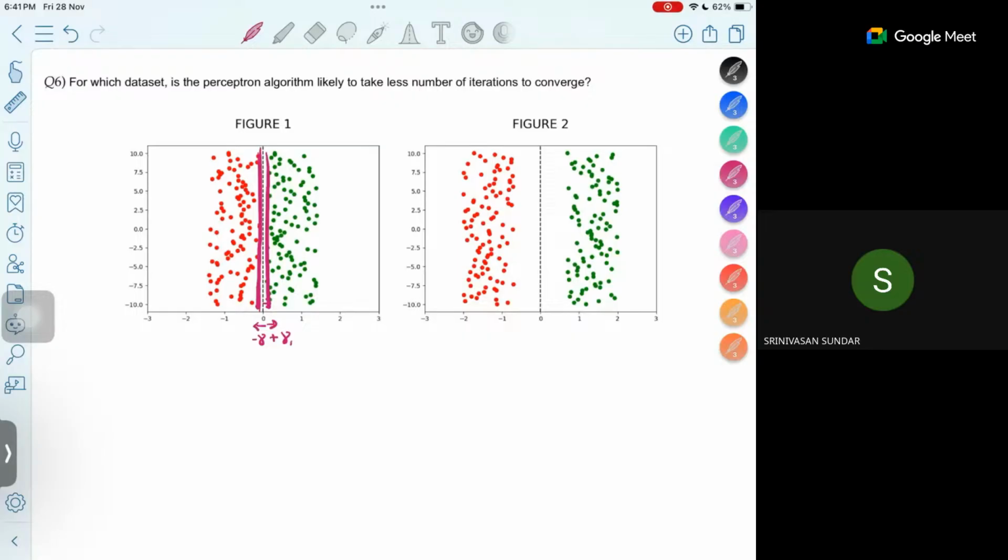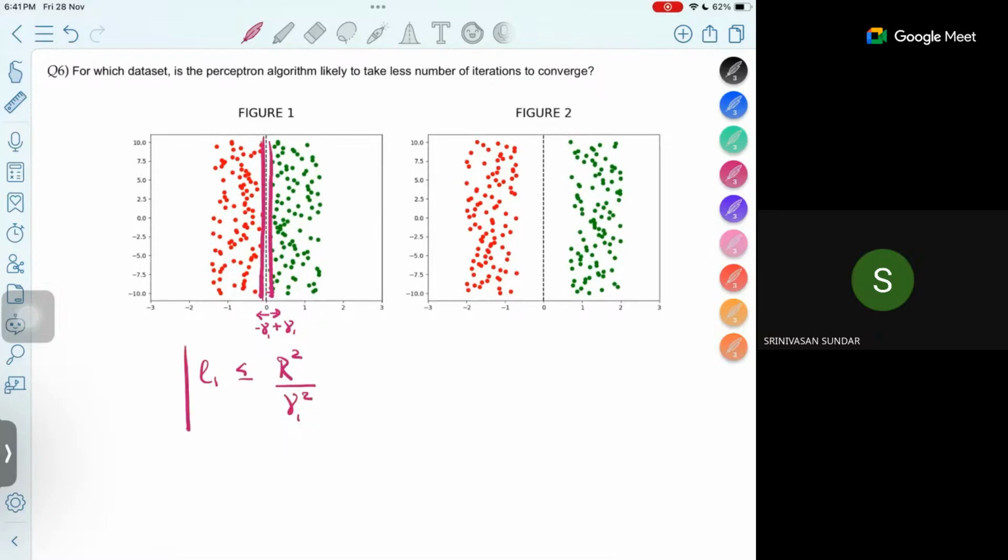So let us call this gamma 1. The number of mistakes that this perceptron will make, I'm calling that L1, will be less than or equal to R square divided by gamma 1 square. And this is some number of mistakes. Whereas for this algorithm, the gamma here is much larger, and here L2 will be less than or equal to R square divided by gamma 2 square.